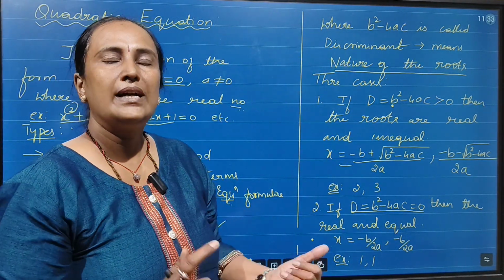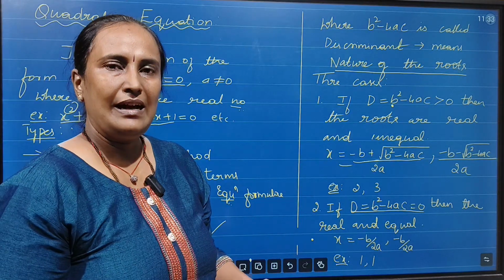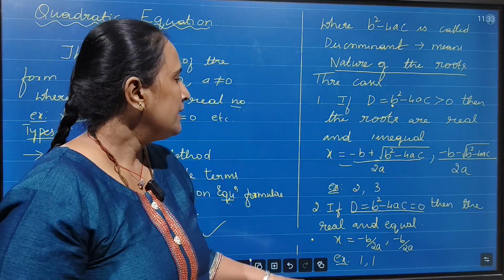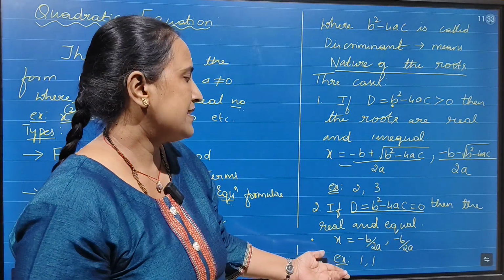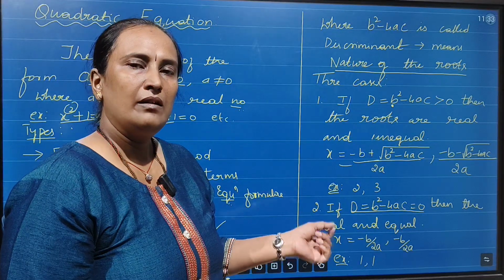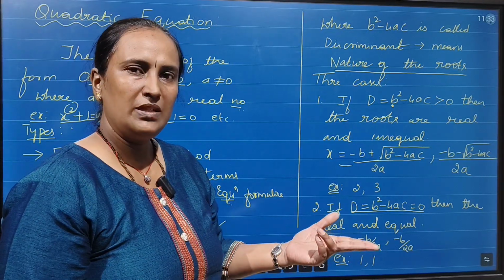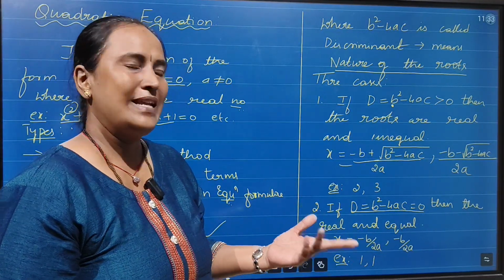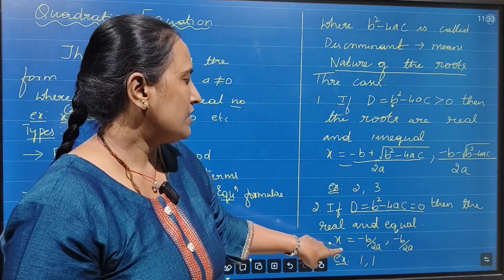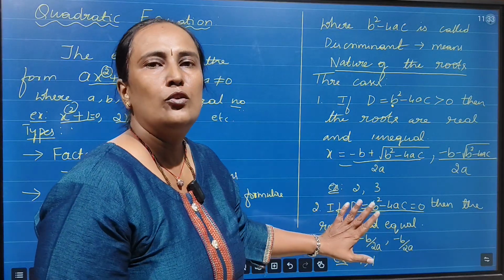Equal to 0 means we get 2 roots that are real and equal, meaning both roots are the same. For example, if one root is 1 then the other root is also 1, and if one root is minus 2 then the other is also minus 2. Here we find the root as x is equal to minus b by 2a.